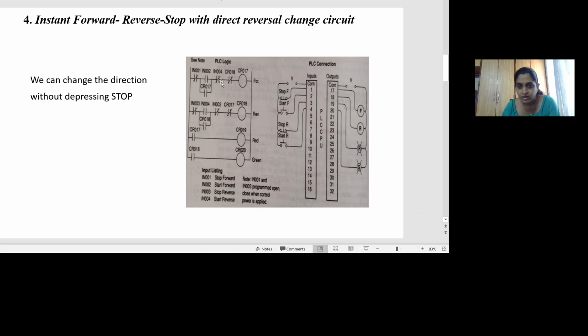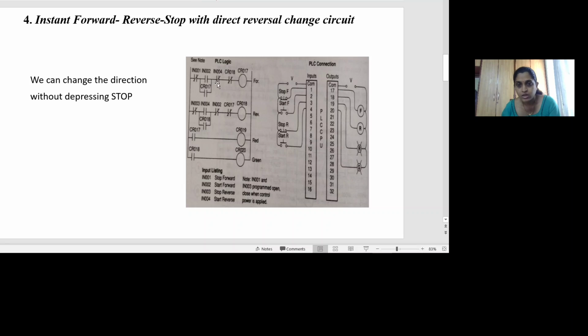Then we have the contact IN004, which is the start contact in this line. This is also normally closed. I am not energizing it. Then we have the contact CR18. Anyhow, this output is 0. Therefore, we are not energizing the contact CR18, so it remains closed.